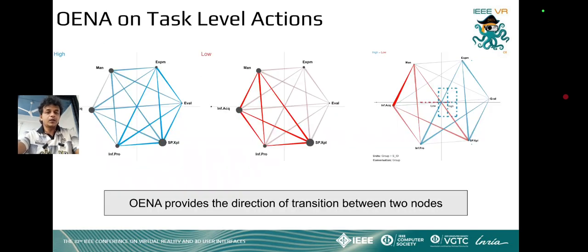The epistemic network model gives the relationship whether an action event is performed or not, and the links between two action events. It does not give information on whether the transition is from action 1 to action 2 or action 2 to action 1. To identify the transition, we did ordered epistemic network analysis on task level actions, which is shown here.